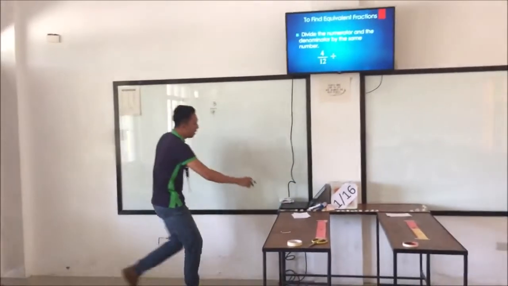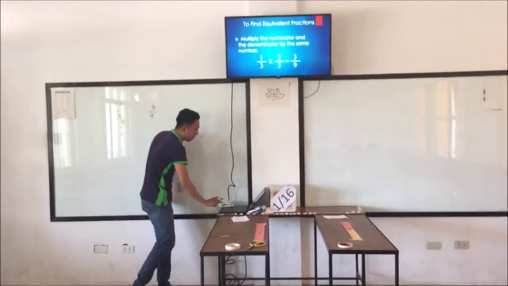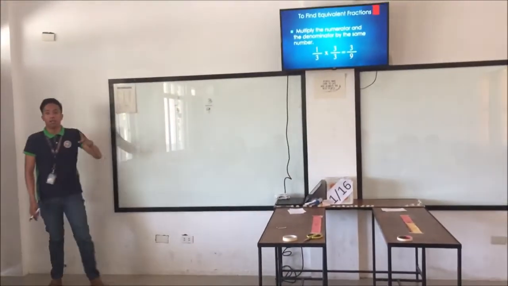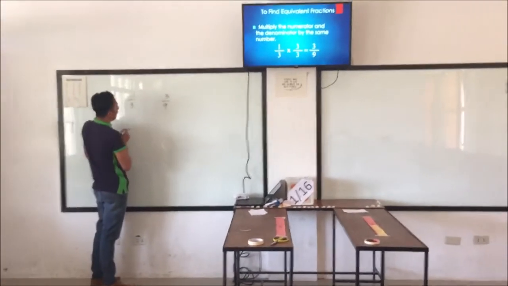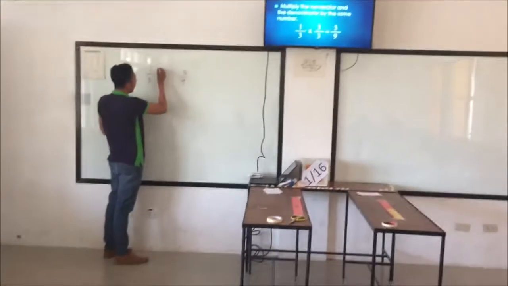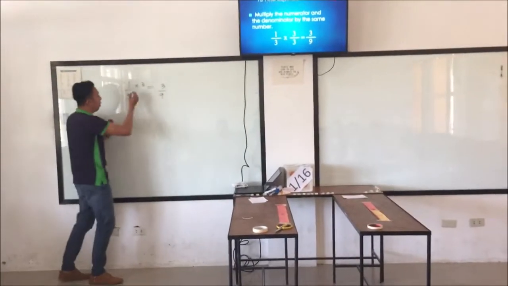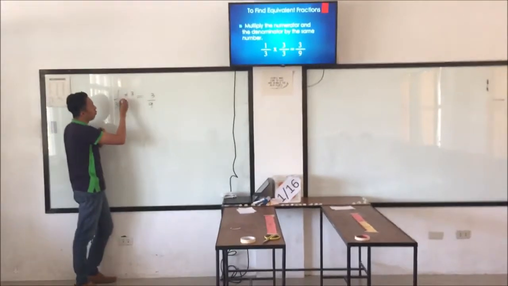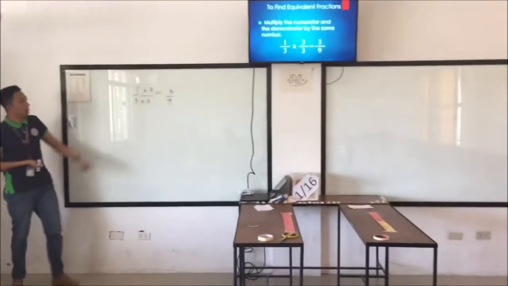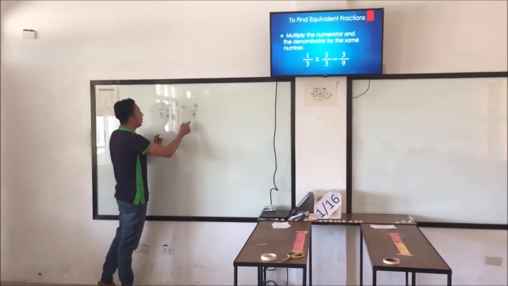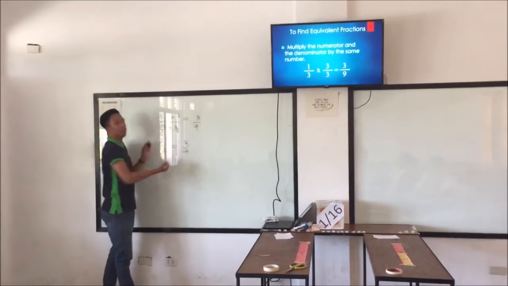The step is we will multiply the numerator and denominator by the same number. Since 3 multiplied by 1 is equal to 3, if we multiply 3 on the numerator, we will multiply also 3 in the denominator. And 3 times 3 is 9. So therefore, 1/3 is equivalent to 3/9.